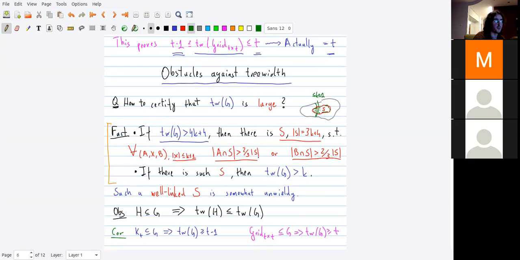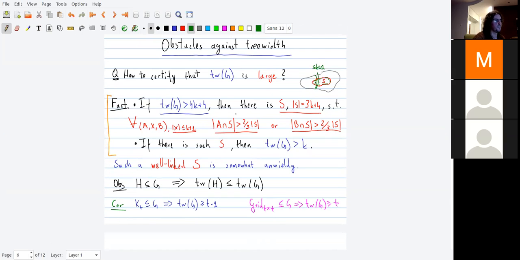Because the approximation algorithm succeeds. Good. And of course, if you've got such a set S with these properties, then this is a contradiction to our lemma about treewidth k graphs. So if there is such an S, then the treewidth of my graph is large. This set S witnesses that the treewidth is large. And this is exactly our lemma.